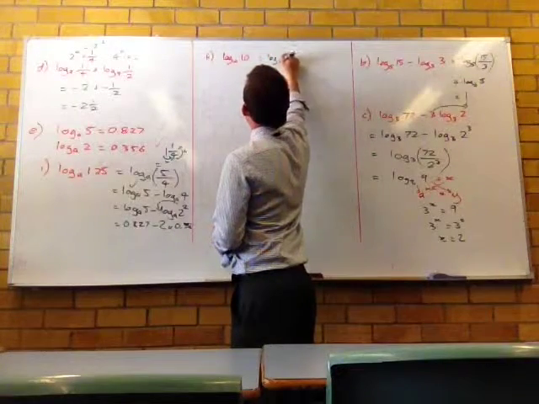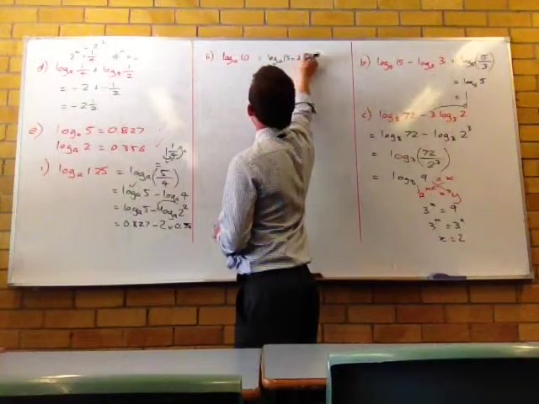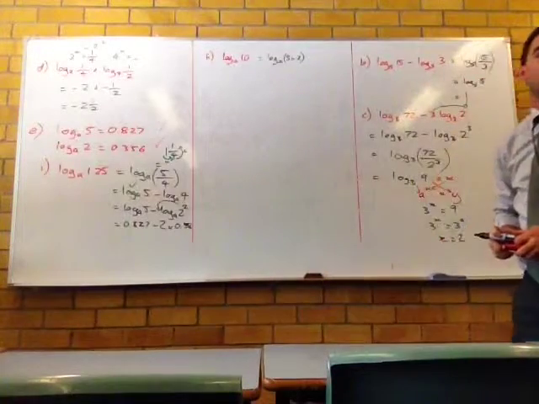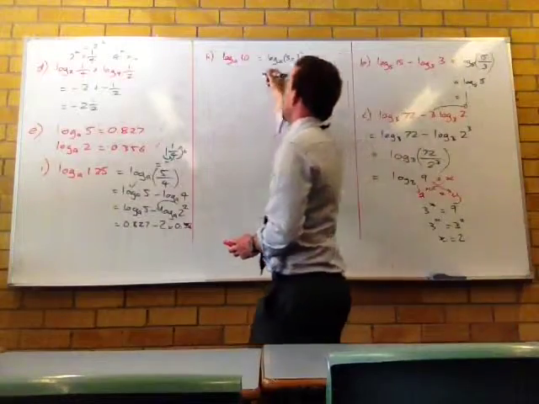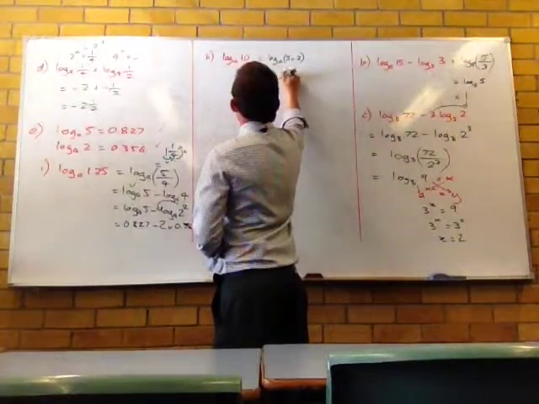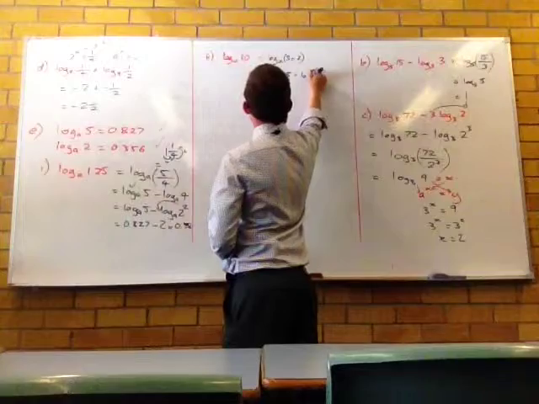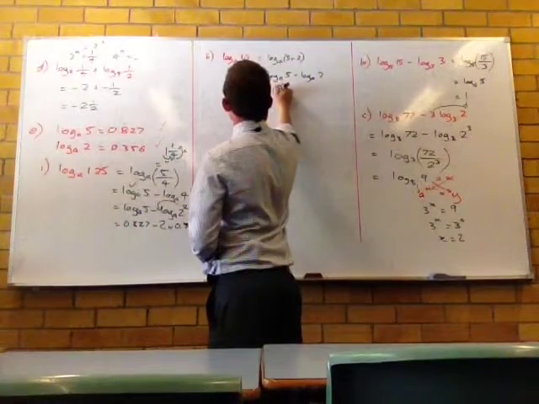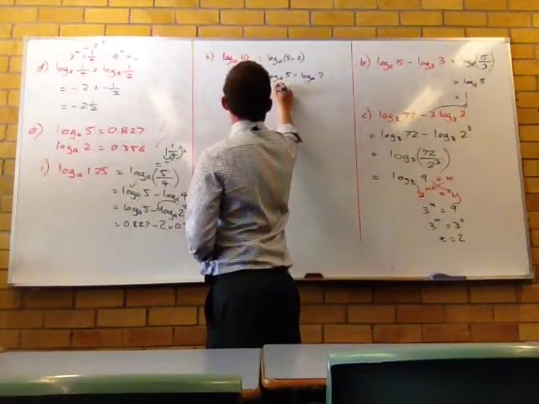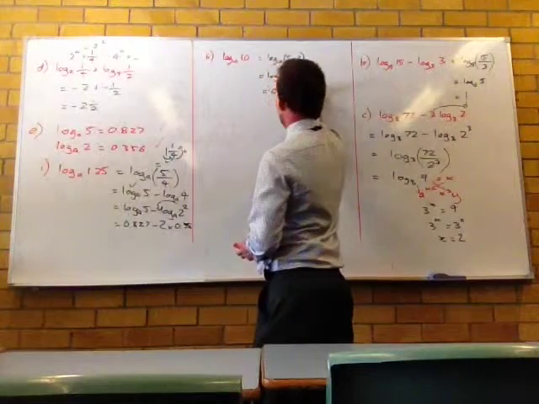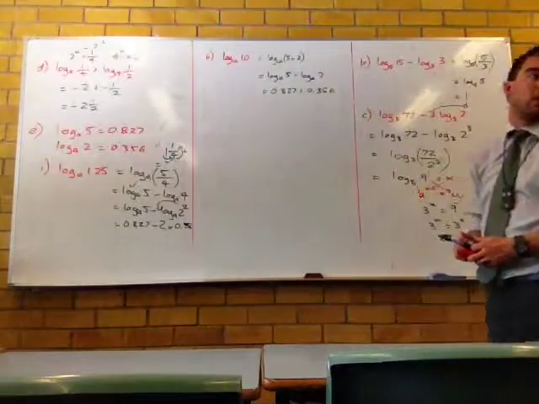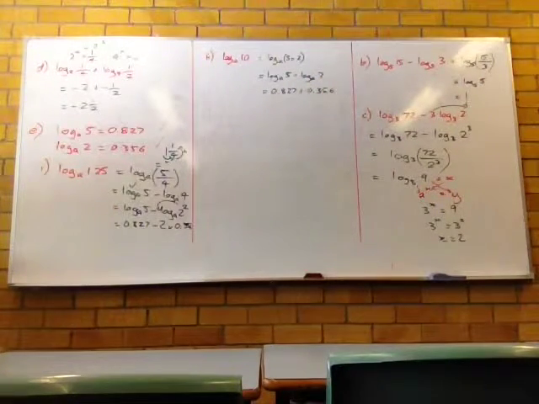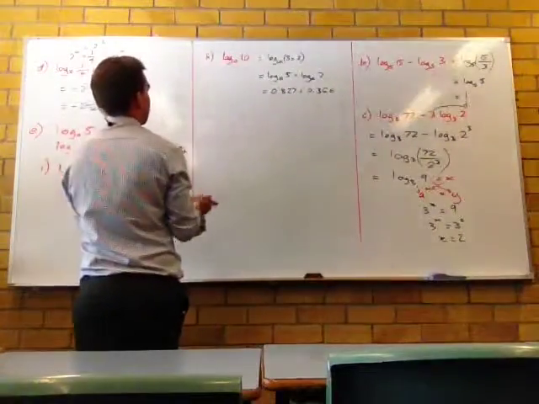So log base a of 5 times 2 gives 10. And then it's your log laws. When you're multiplying, it's an addition of the individual components. Log base a of 5 plus log base a of 2. You're going to have something slightly bigger than 1. Okay, so I'll trust that you can put that in the calculator and give me a correct answer from there.